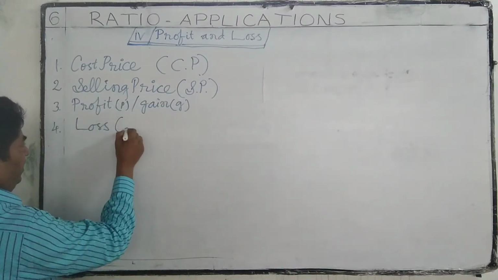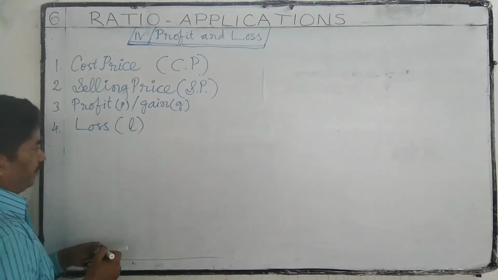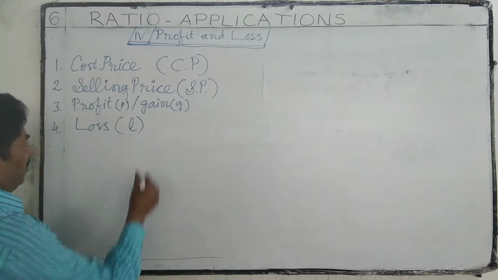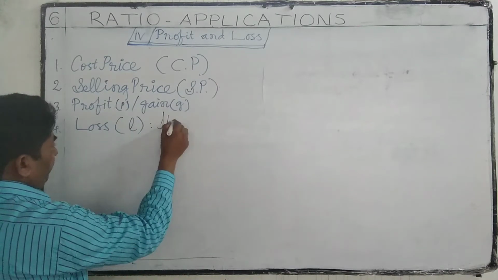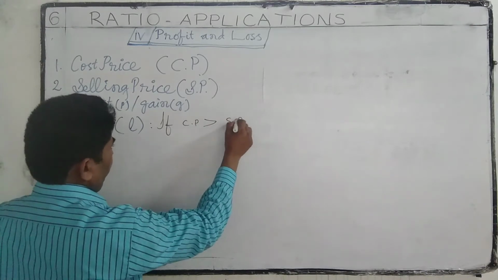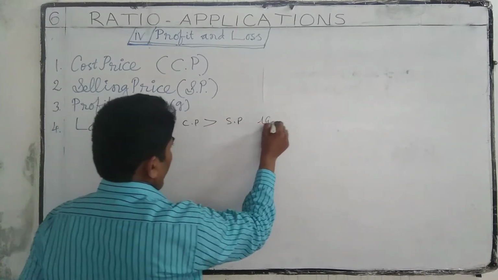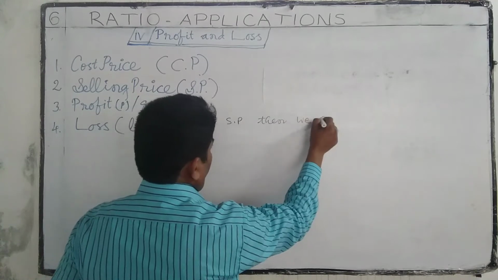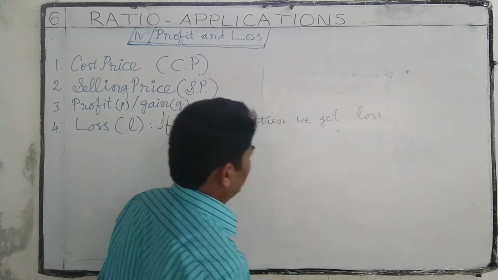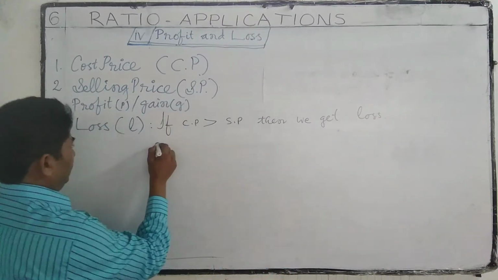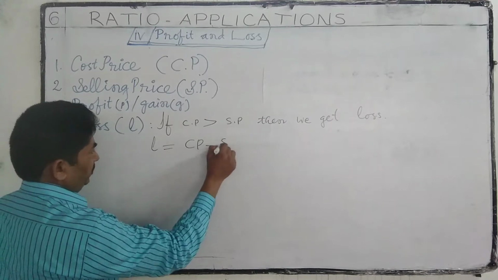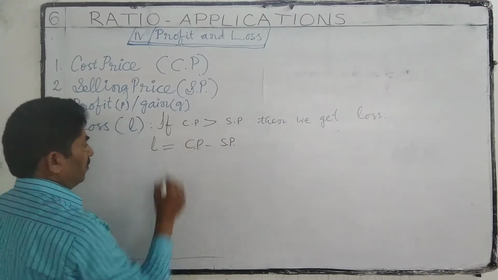Loss is abbreviated as L. Loss L is equal to CP minus SP.